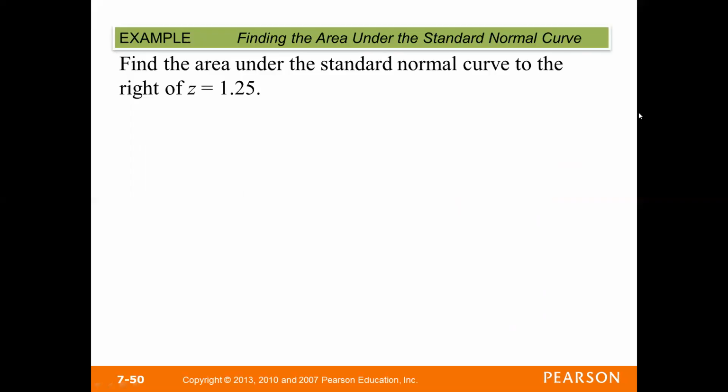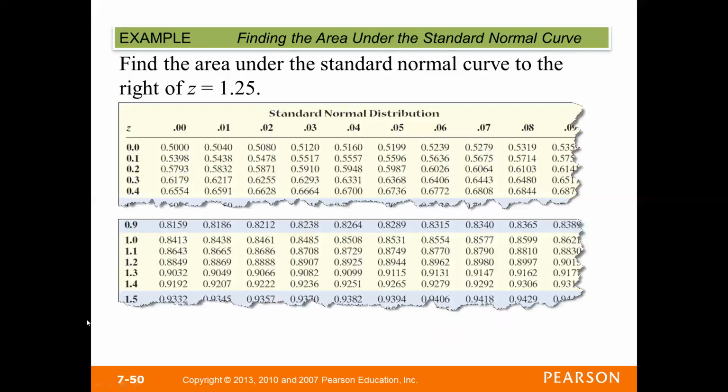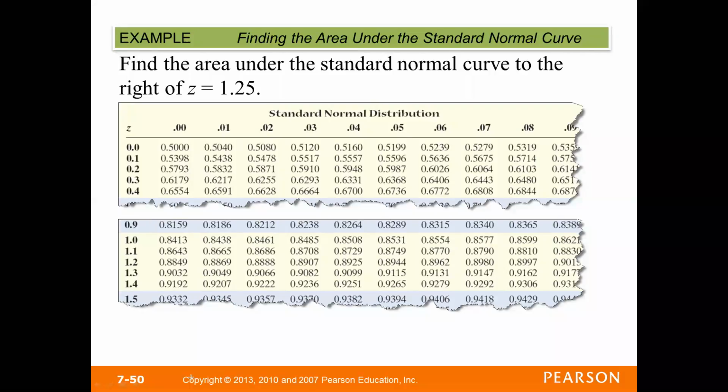Okay, so let's find the area under the normal curve to the right of z equals 1.25. Well, if I go to my table, I can look down the z column till I get to 1.2. I can look across the top until I get to 0.05, and I'm going to see where those cross.